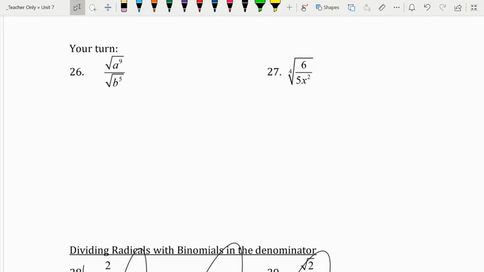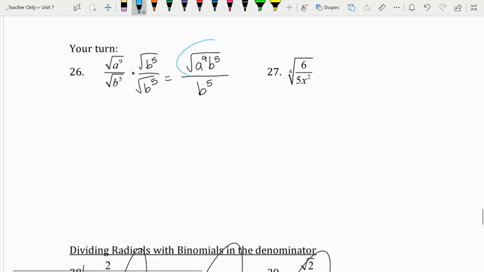For number 26, we're going to multiply numerator and denominator by the square root of b to the fifth. So we get the square root of a to the ninth, b to the fifth over b to the fifth. Simplify our numerator. Square root of a to the ninth, I would have to break it down into a to the eighth times a, which gives me a to the fourth root a. And then the same thing with b to the fifth.